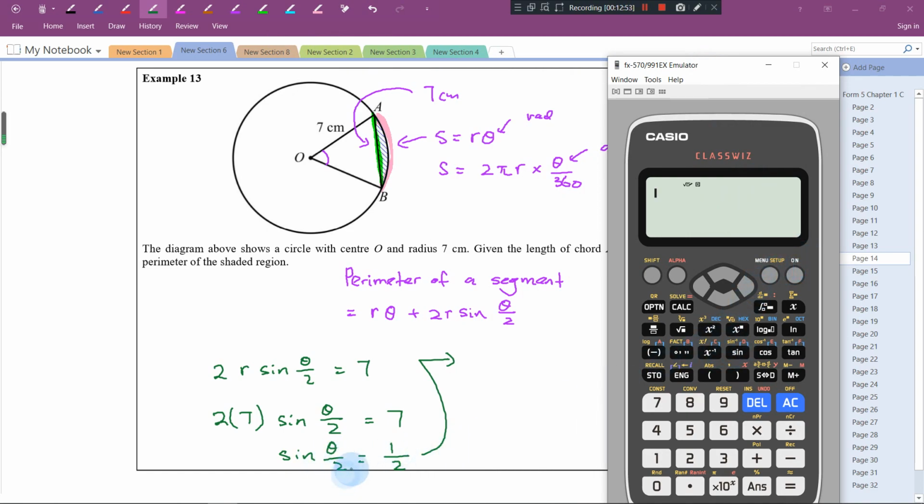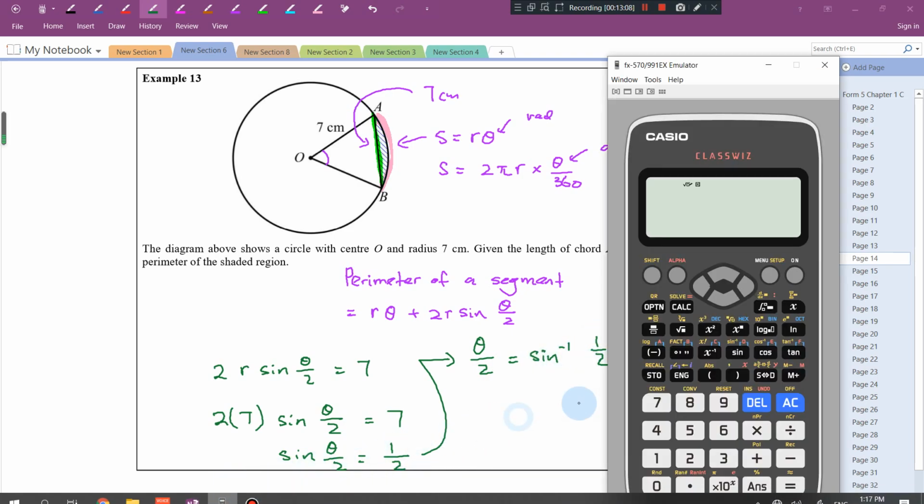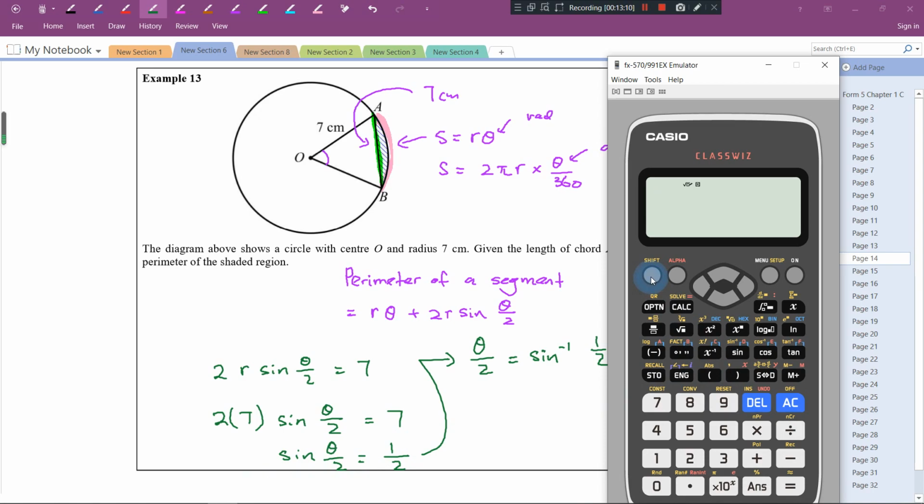How do we get the theta here? Here it's not theta, but theta over 2. Be careful. We want to get the angle, right? So we have to find the anti-sine of 1 over 2. You have to remember to press shift first, then press sine, then 1 over 2.